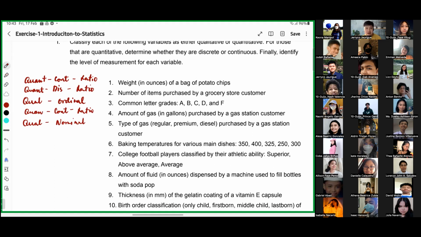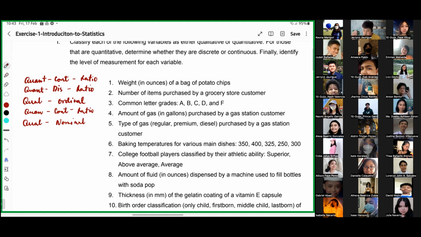Anong ibig sabihin ng regular tsaka premium? Sino may alam kung anong difference ng regular tsaka premium? Narinig nyo na ba yung unleaded gas? Yeah. So, yung regular tsaka premium, para silang unleaded gas. Yung regular, mababa yung octane rating niya, na 91 pababa.